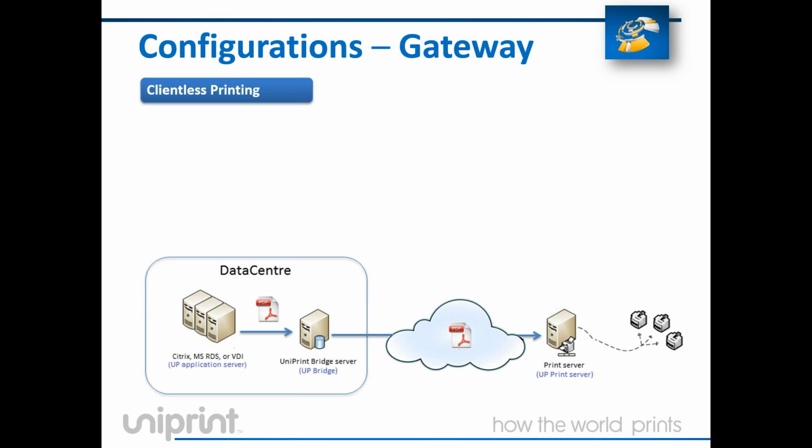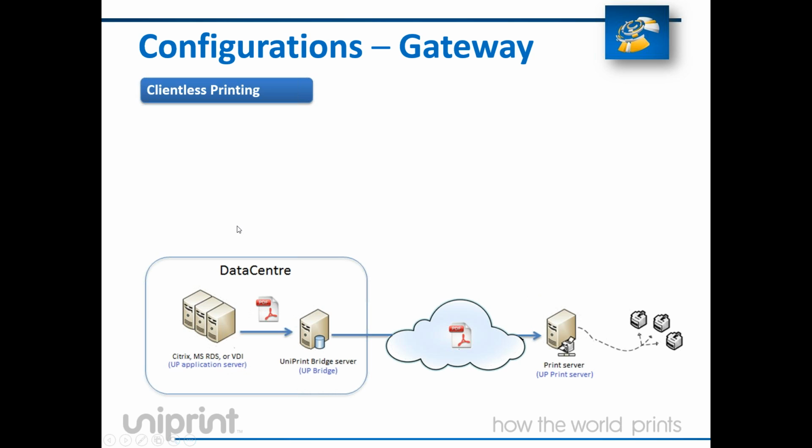In the gateway configuration, we use thin clients, zero clients, things like that, somewhere where we can't install any software. And these just host a VDI session, Citrix XenApp, XenDesktop, VMware View, some sort of remote server application. And these run on an application server.